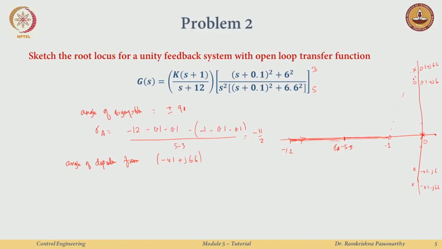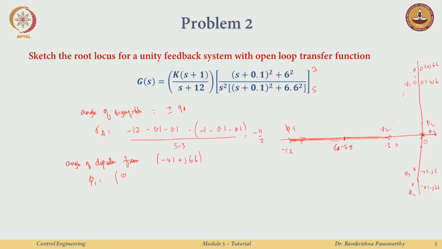So, let me call the angle made by this zero psi 1, psi 2 by this zero, and then psi 3 by this zero, and then I have 5 poles. So, let me call these phi 2, phi 3, phi 4. Okay, these are the zeros. And so for the angle of departure, I just need to compute first what is phi 1, and all these angles.